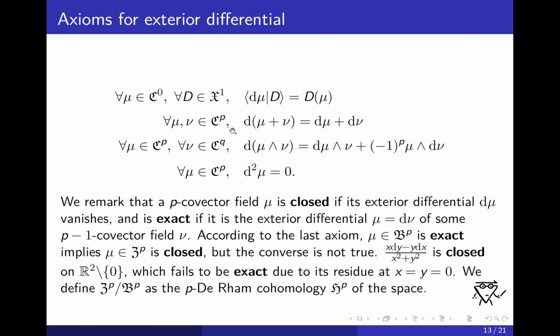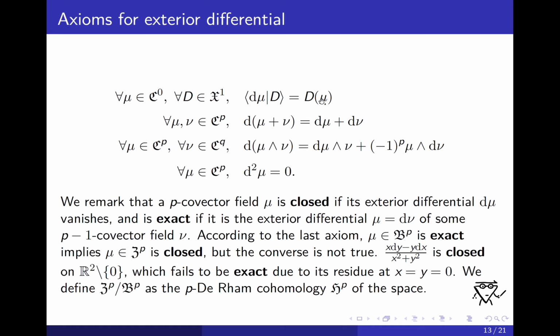The first axiom says that if you have a zero covector field, i.e., simply a smooth function in the variables x0 to x3, and you have an arbitrary one vector field. Note that this is a vector field, this is a covector field. There is a pairing between them, right? As long as they are of the same order. If you take the exterior differential of mu, then you get a one covector field, and you can pair a one covector field with a one vector field.